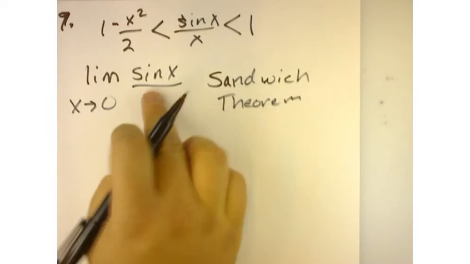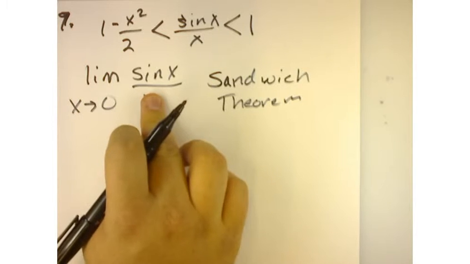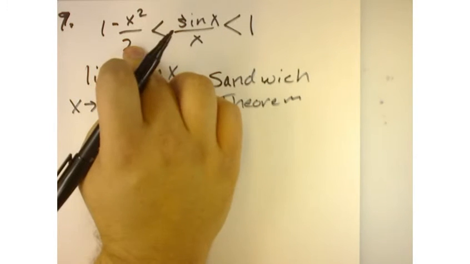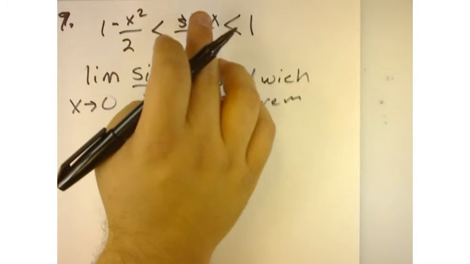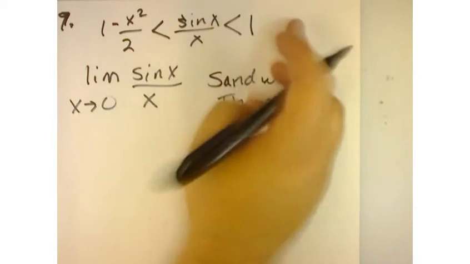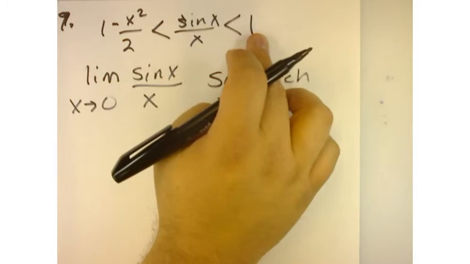The function sine of x over x is bounded. In other words, this function will always have a lower value than sine of x over x, and 1 will always be greater than sine of x over x. Okay?